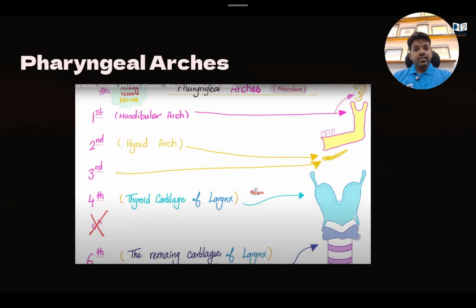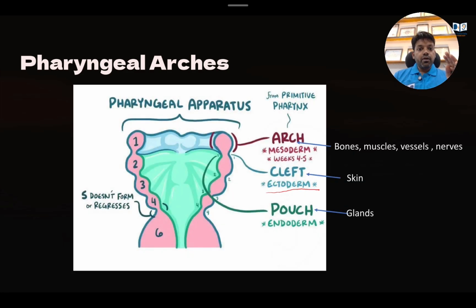So we were talking about the layers, and now we understood what is formed from mesoderm, ectoderm and endoderm. Now we will go into particularly what the first one, second one, third one, fourth one, or sixth one will contribute to, which organ will come out of every pharyngeal arch.